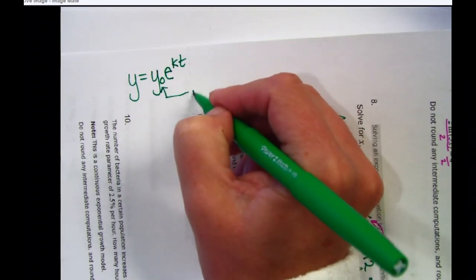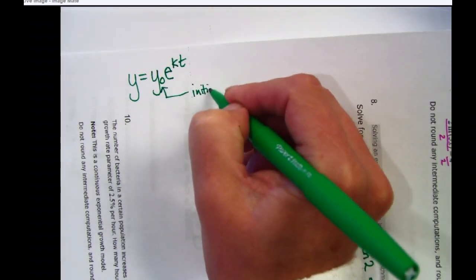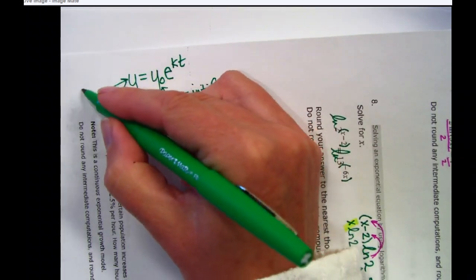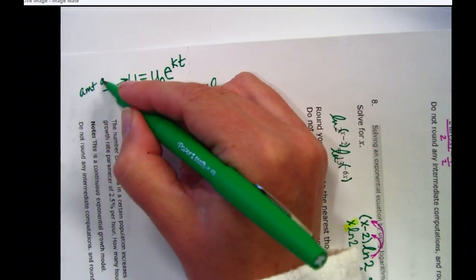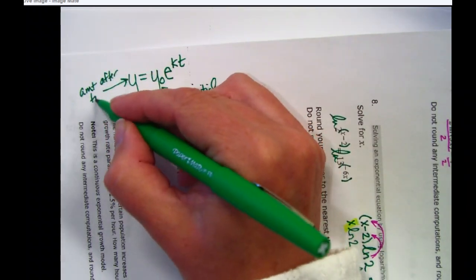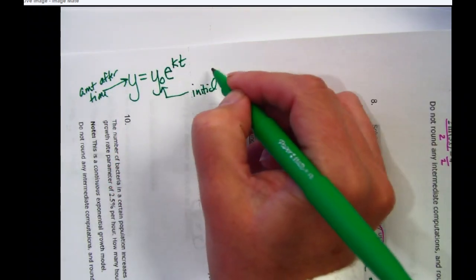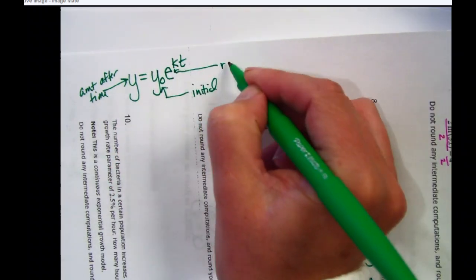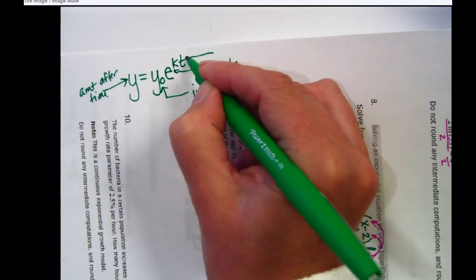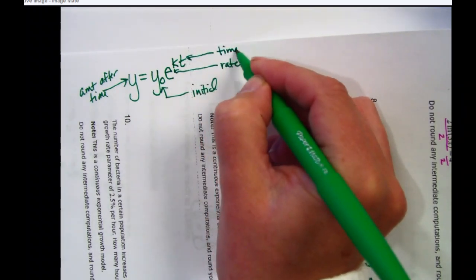This is the initial value, and this is the amount after time. You guys are labeling those, so I'll put them in. Rate, time.